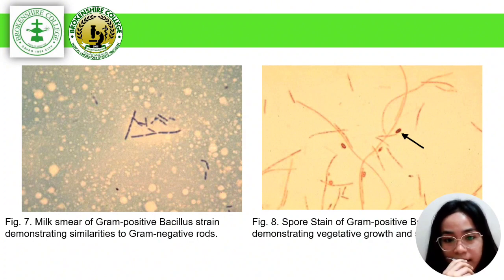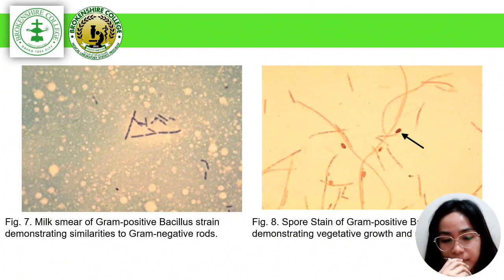This figure shows a spore stain of a gram-positive bacillus strain, revealing both vegetative growth and spores. Spores are a dormant form of bacteria that can survive harsh conditions and resist disinfection. The presence of spore-forming bacteria requires appropriate control measures to prevent contamination and maintain milk quality.